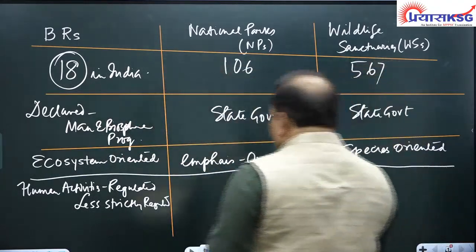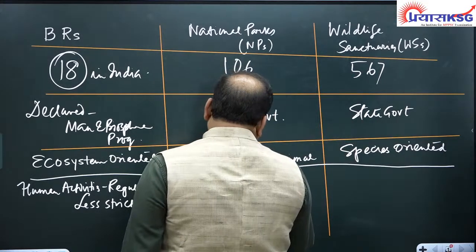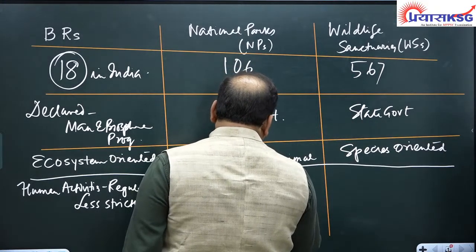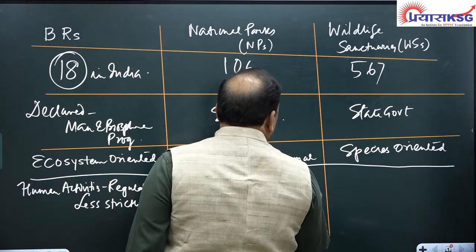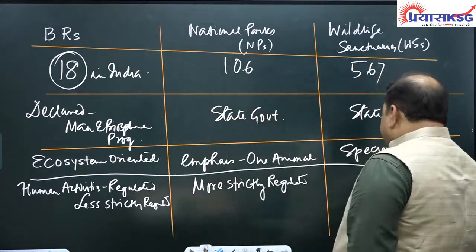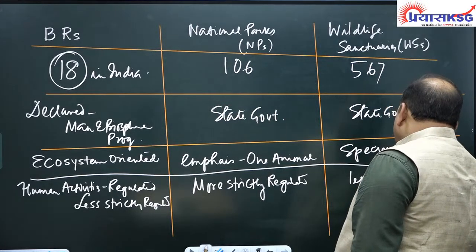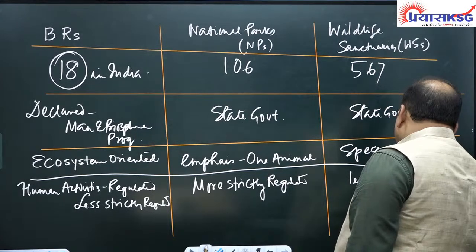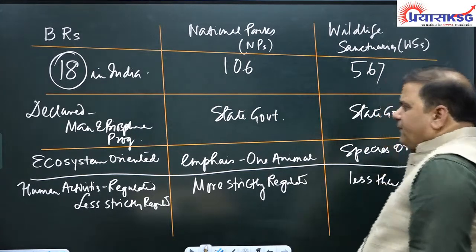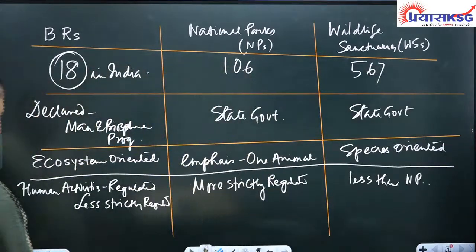But it is more strictly regulated, कठोर है यहाँ पर, in case of national parks. And in wildlife sanctuaries it is regulated, strictly regulated, but less than national park. फाइन. सो मोर स्ट्रिक्टली रेगुलेटेड.